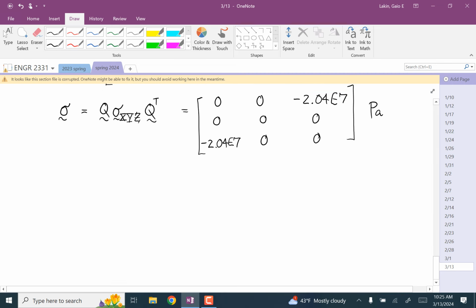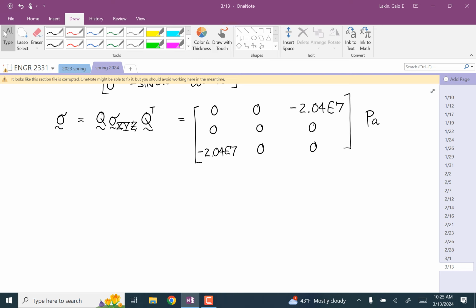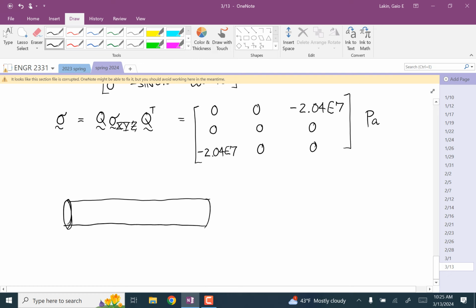And let me see if I can draw this. Okay, so here's the beam, and we know the torque is like this.